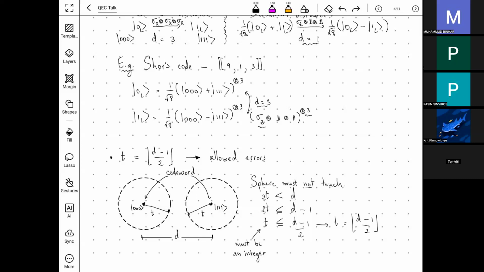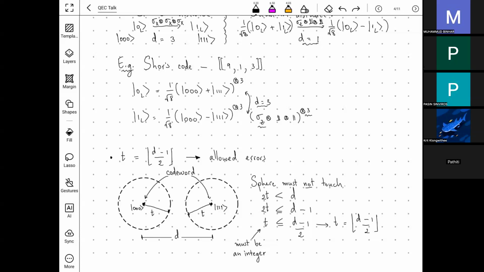That doesn't change a lot of things, but my concern still remains. T should be something else, not the maximum amount of undetectable errors, or the maximum amount of errors that does not flip your logical qubit.